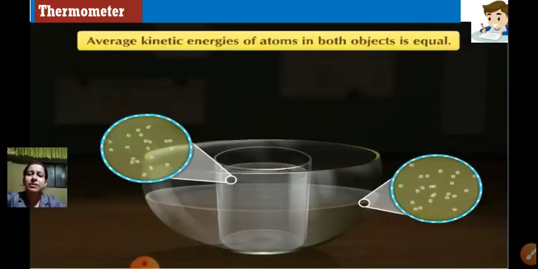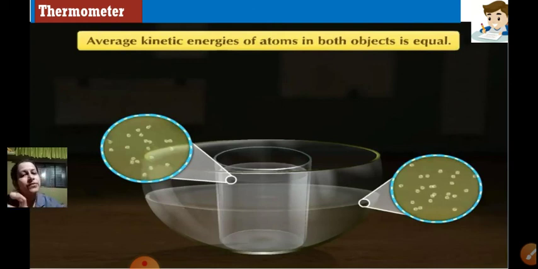Okay, remember this. So this is regarding what we have learned about temperature and the thermometer. And now last, we have also learned about one principle, also called the principle of heat exchange, which you are going to learn in detail in standard 10th. But here you have understood that whenever any hot object is kept in a cold object, you will find that the hot object loses its heat, whereas the cold object absorbs heat.